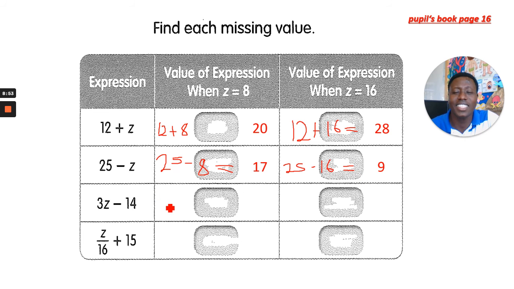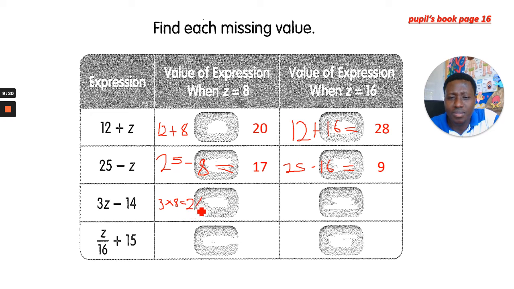All right. Let's look at 3z minus 14. So 3 will multiply z first. 3z is 3 multiplied by z, which is 8. And you will get 24.